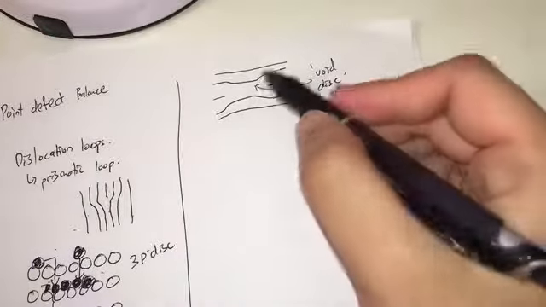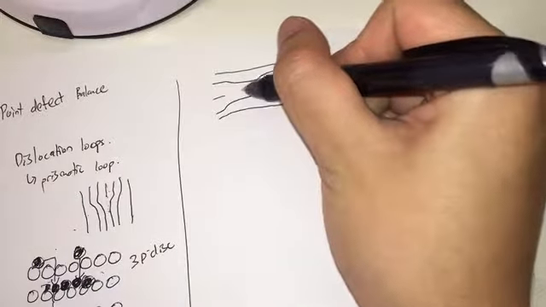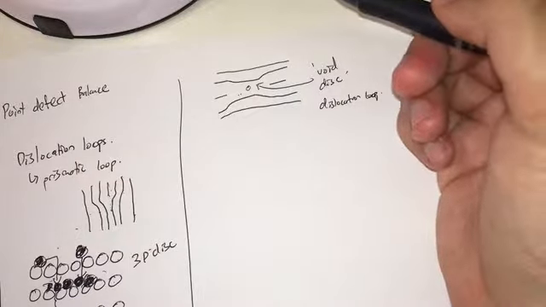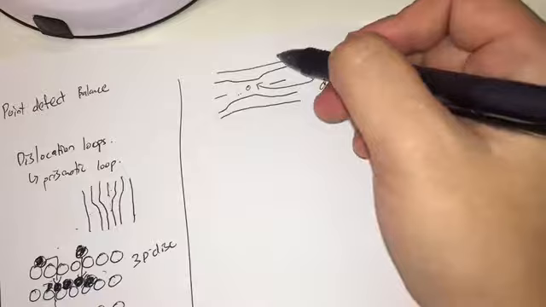So this disk can start as a small void, and then when other vacancies join the void, it kind of grows.